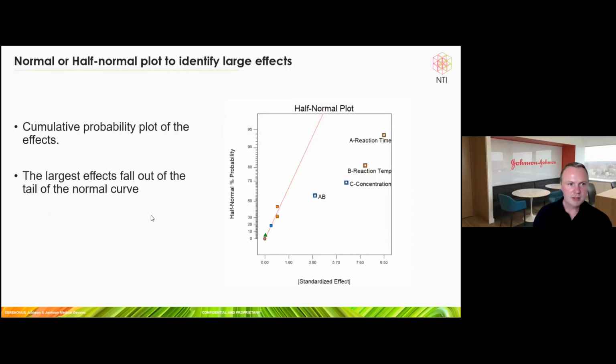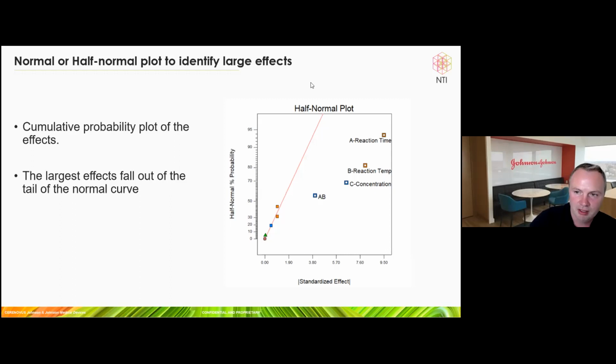Okay, so the other thing is, once you run your experiment, this is where your stats come in, and what you typically do for a simple experiment is you create a plot like this, a half normal plot, and basically it's telling you which of your responses or terms in your model fall outside what could be assumed to be typical variation or random variation.